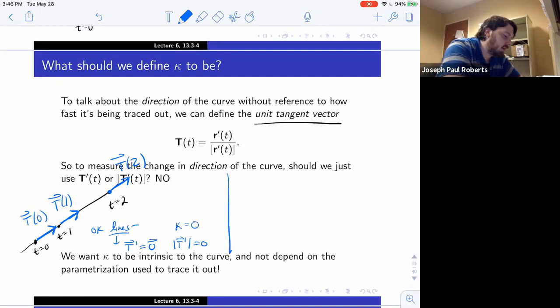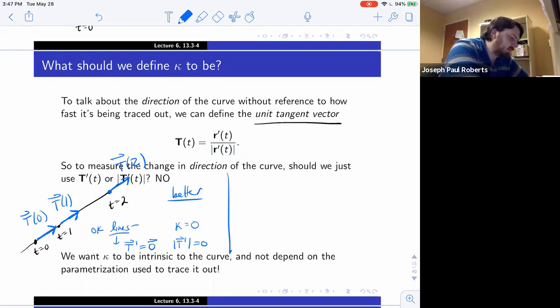We're a little better. At least this tells us that the curvature of straight lines is 0. Because the direction of the straight line isn't changing, we've sort of taken out the length of r prime by dividing by it. The direction isn't changing, and the direction is encoded by T. So T's not changing, that's fine.